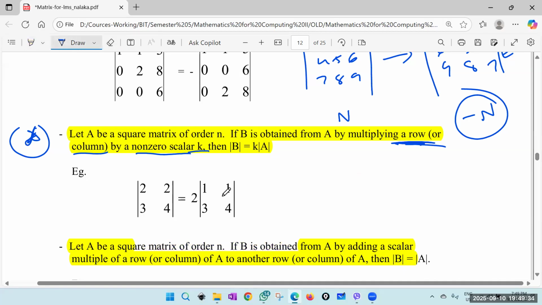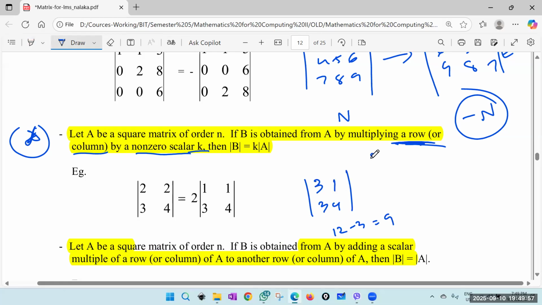I will take a different example. I have a matrix 3, 1, 3, 4. What is the determinant of this one? 4 into 3 is 12, 12 minus 3 is 9. Now I obtain another matrix by multiplying any row or any column by a constant.